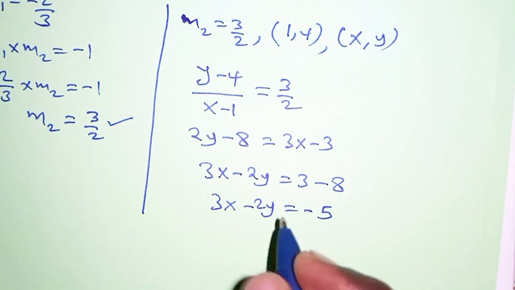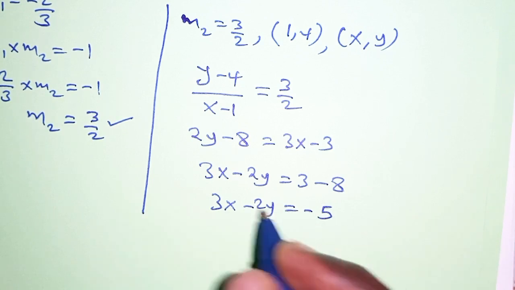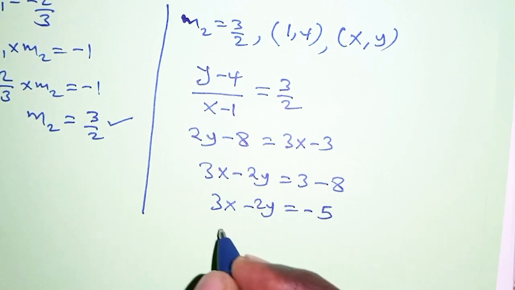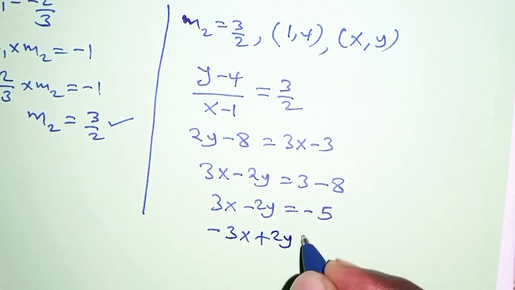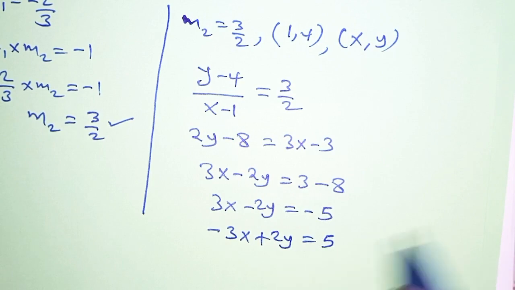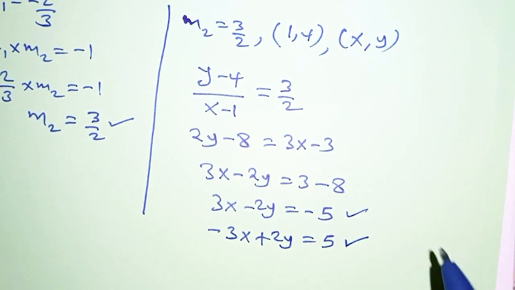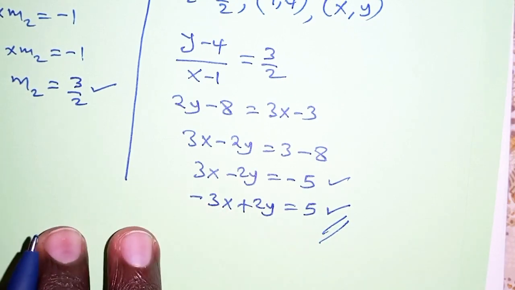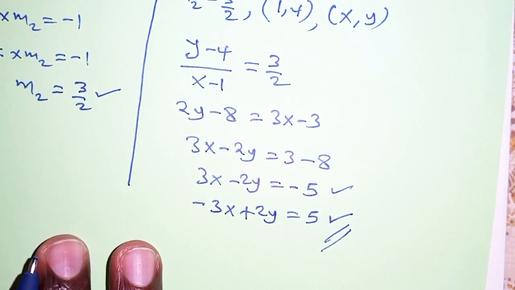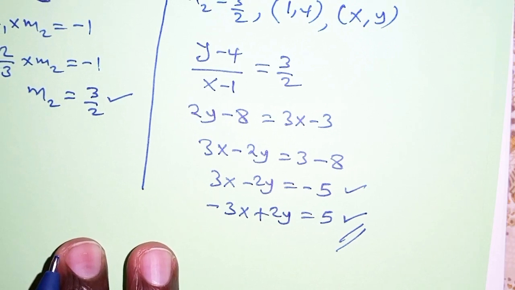This can also be expressed as, if we multiply all through by -1, it can still be -3x plus 2y is equal to 5. Whichever way. So this or whichever way you wish to express it will still be fine, because the question was not specific on the form to express our answer.